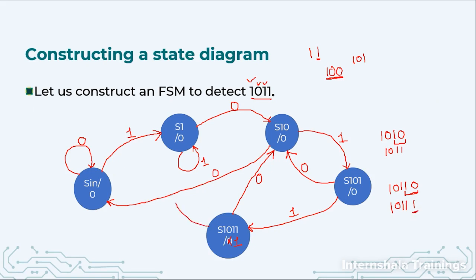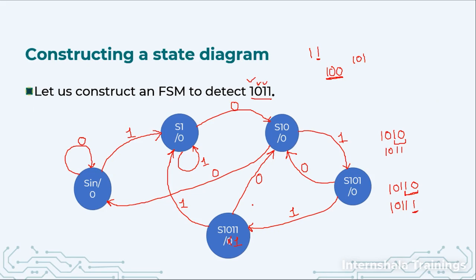So in that case we are going to traverse here. So state transitions are very important. This is what as a designer you have to do. If you don't make your state diagram in an optimized way, your system can have bugs.